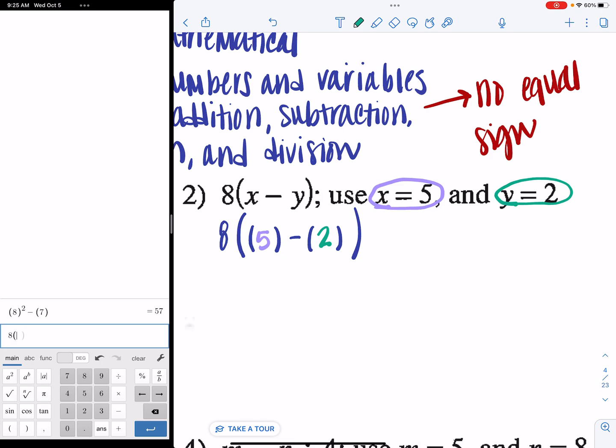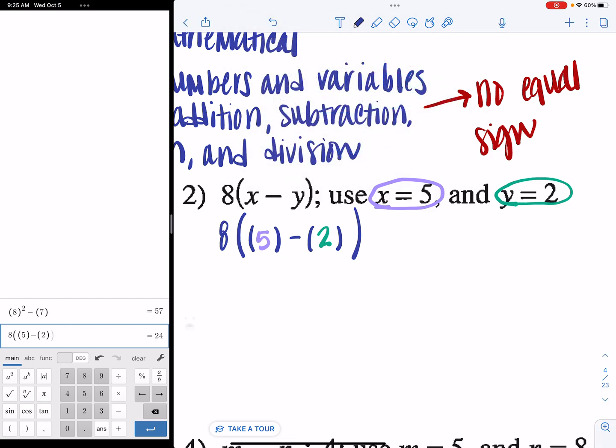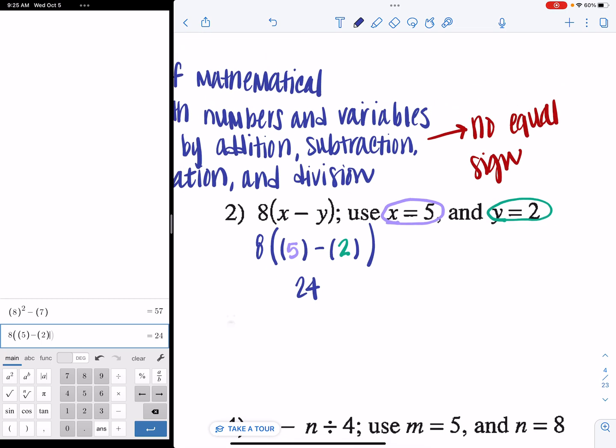Again, I'm going to type it in just like it looks, and that means I'm going to have to use double parentheses. But that's okay. So once we evaluate our expression when x is 5 and y is 2, it is 24.